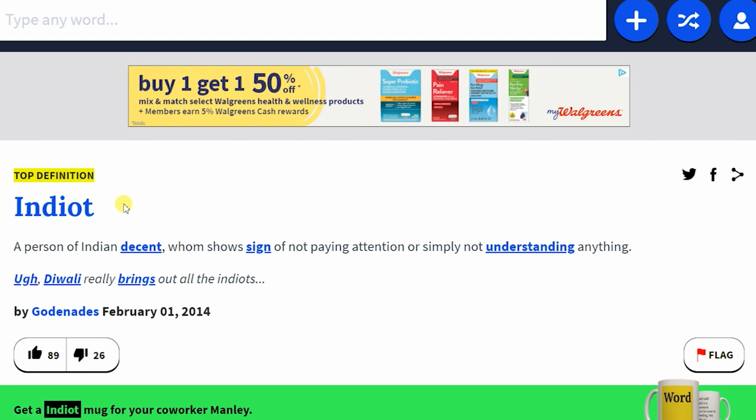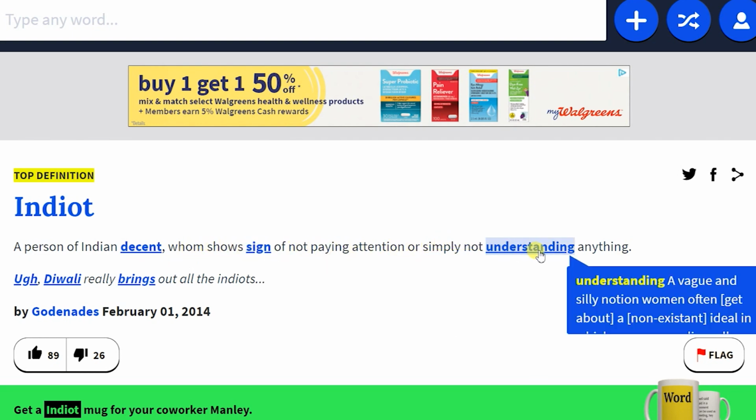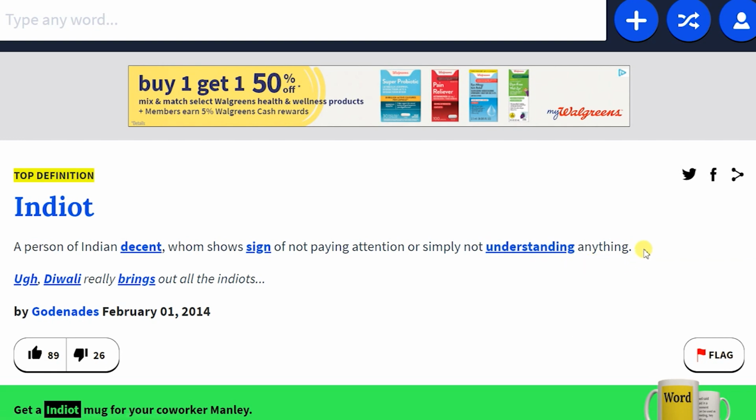As you can see right here, it says, a person of Indian descent, which means everybody who's an albino, anybody with straight hair today. It goes on to say, whom shows sign of not paying attention or simply not understanding anything. So when we say this, that if you're listening to an albino, anybody with straight hair tell you anything, that they are telling you a lie because they themselves do not even understand what they are saying.